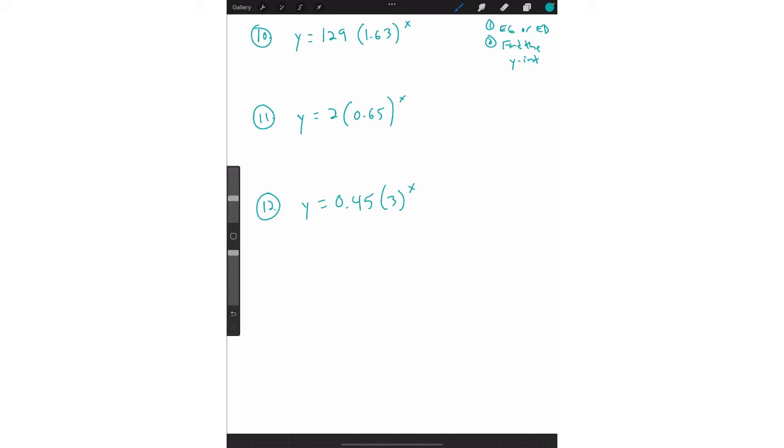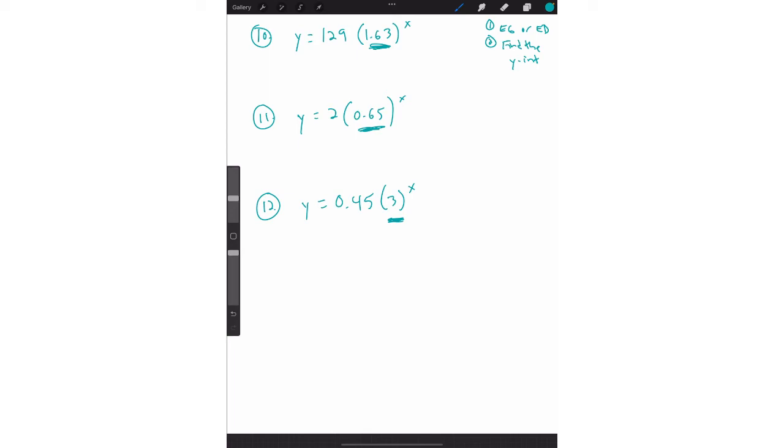The way you would do that is by looking at this number right here. Is this number greater than 1? If that is true, if it's greater than 1, then it's going to be exponential growth. If it's less than 1, from 0 to 1, then it's going to be exponential decay.